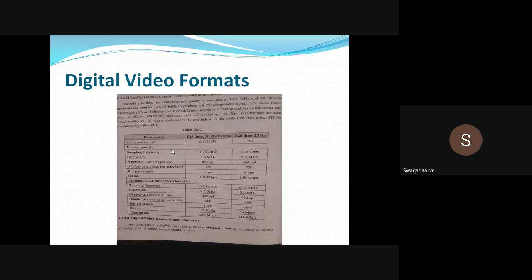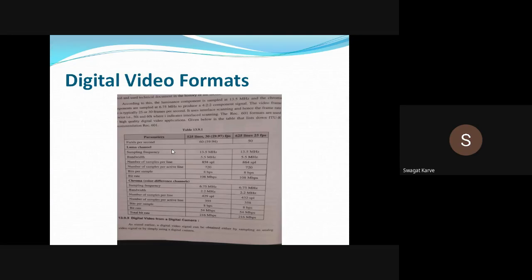Number of samples per line is 858 for the first technique, that is NTSC, and 864 for the other. Number of samples for active line is again the same for both. Bits per sample is 8 bits. Bit rate is 108 Mbps.